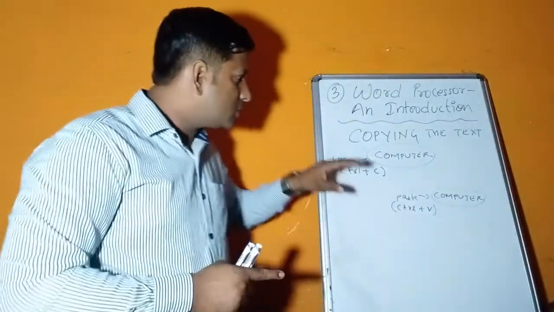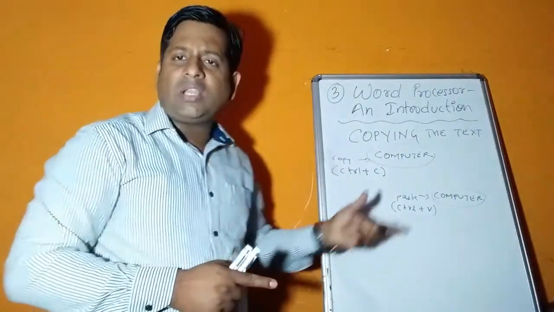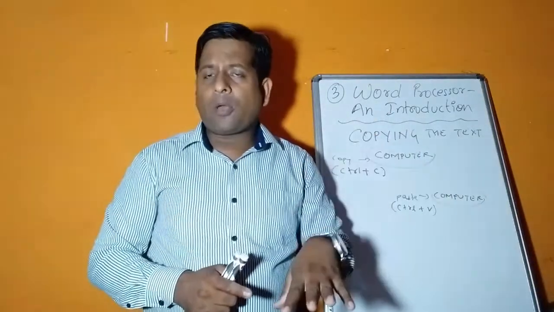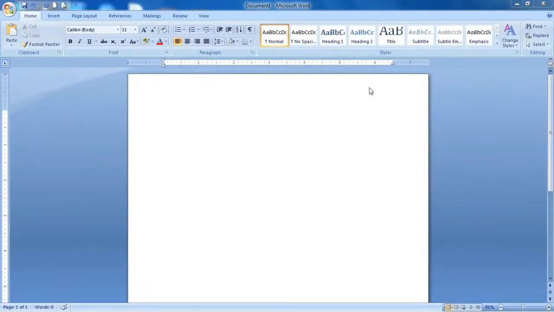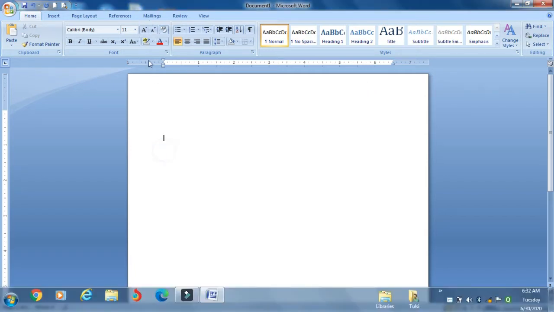So children, this copying of the text I am also going to do practically, so see properly, it will be better for you to understand. Copying means to copy the text from one place to another. For copying we use the copy and paste commands. So let me type some text over here, say computer, and first of all you need to select the text.